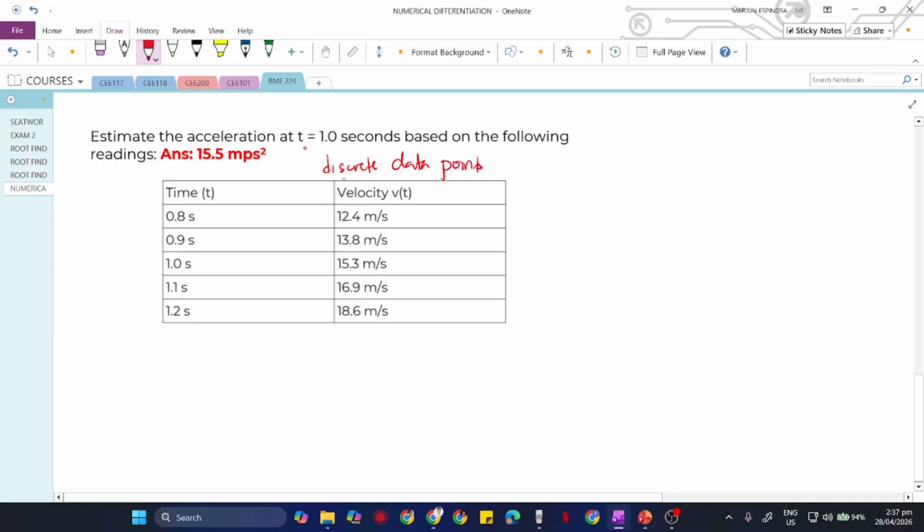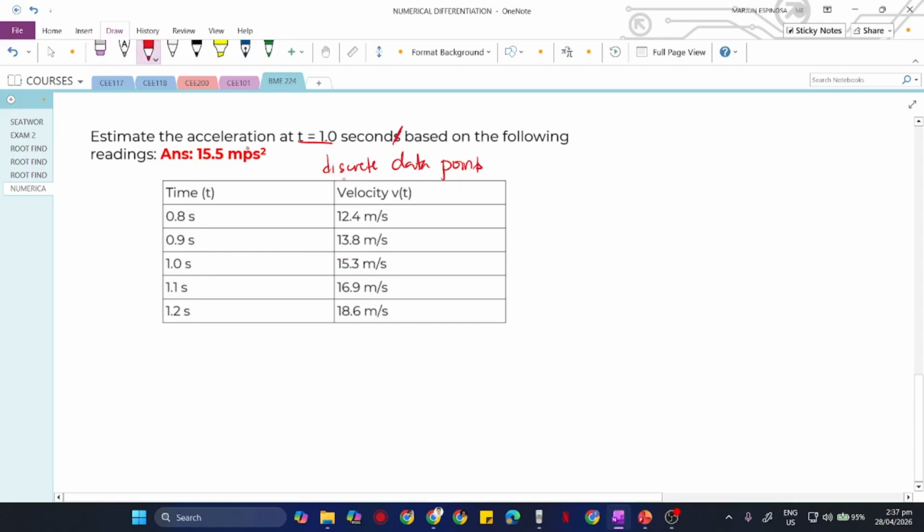So, estimate the acceleration at time is 1 second, based on the following readings. So, meron tayong time and velocity table here. So, at 0.8 second, yung velocity based on this data is 12.4. At 0.9 second, yung velocity dito is 13.8. At 1 second, yung velocity is 15.3.